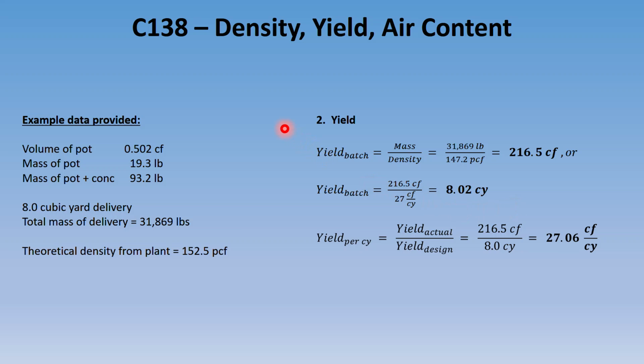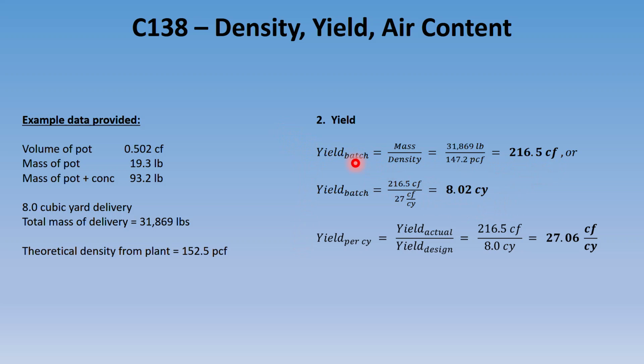Yield is basically how much concrete is being delivered in this delivery truck, and there's 2 yields that they're going to go over in the calculations for the ACI manual, the batch yield and also the yield per cubic yard. And you can do the batch yield expressed in cubic feet or also expressed in cubic yards.